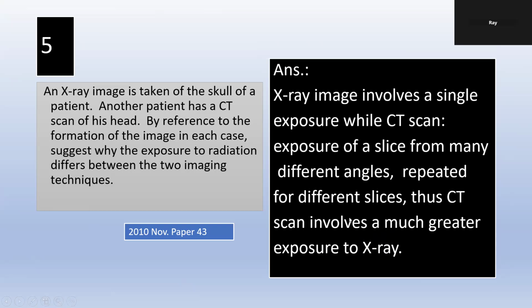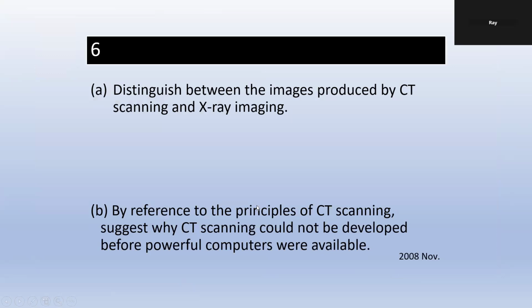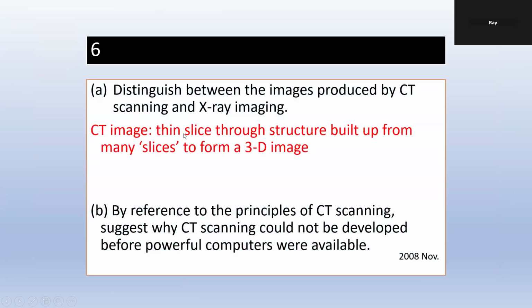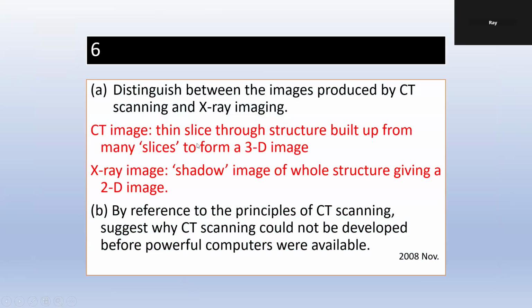All these slices you build up to get a 3-dimensional image of the section. These are the distinctions between images produced by CT scanning and X-ray. CT scanning: thin slices, with the structure built up from many slices to form a 3D image. X-ray image: a shadow image of the whole structure given in 2 dimensions.